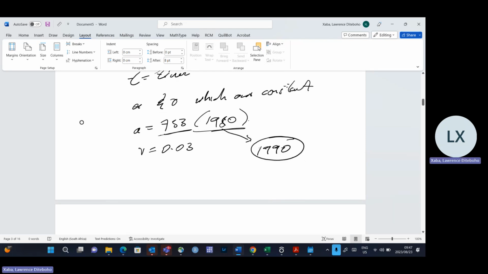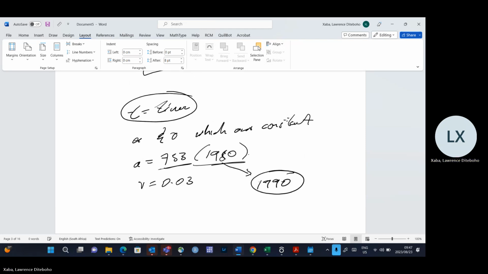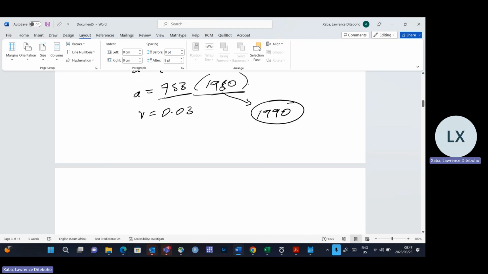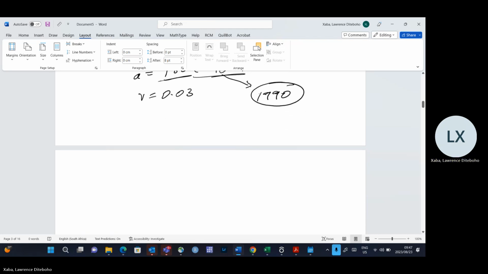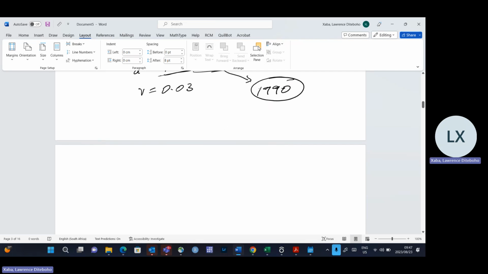So you want to see after 10 years, how much our population is going to grow. In that case, we know what our T is. We are studying our population after a period of 10 years, so our T is going to be 10 years. So let's see after 10 years, how much will the population grow?